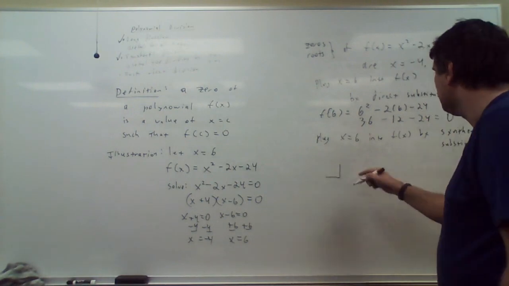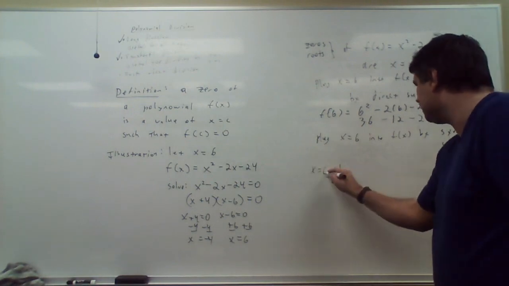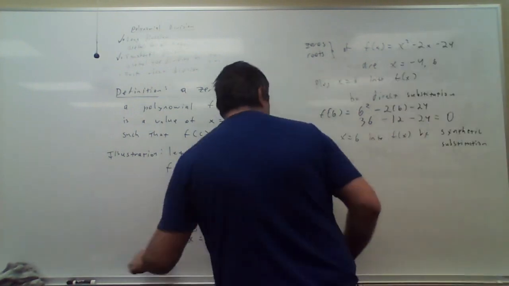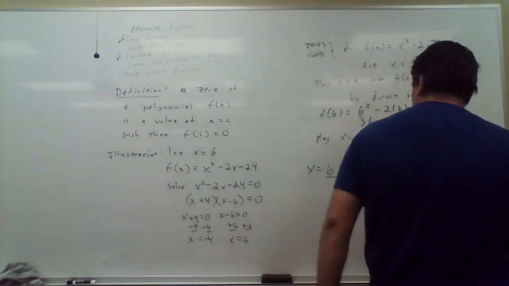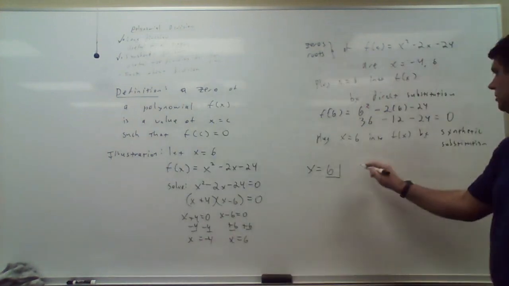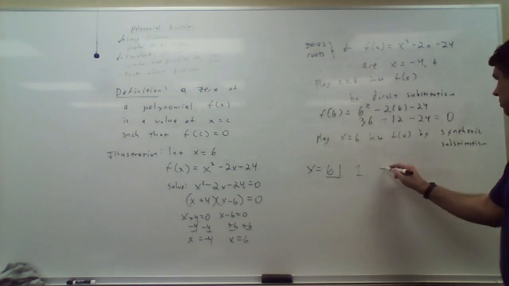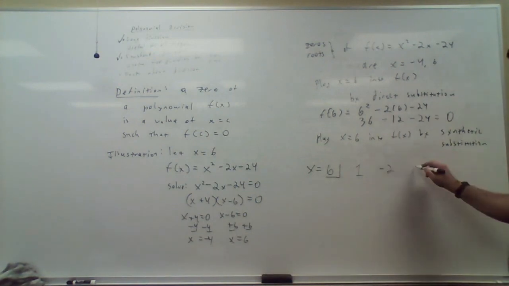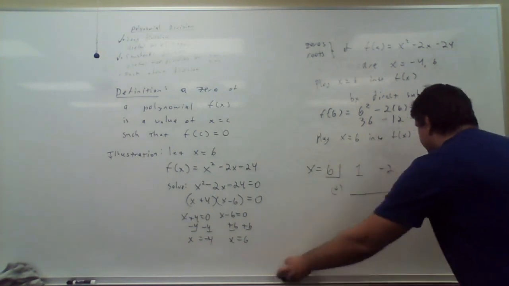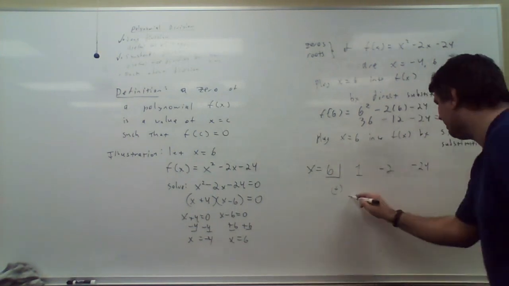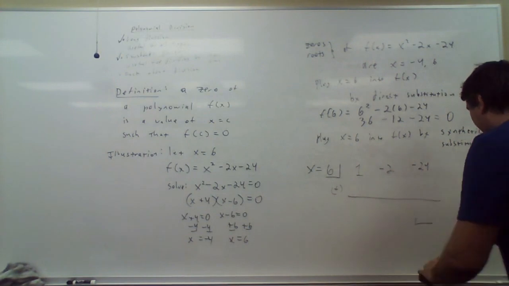So now we're going to plug it in as a function value. X equals 6. Okay? So 1, negative 2, and negative 24. That's why I do that last box last.